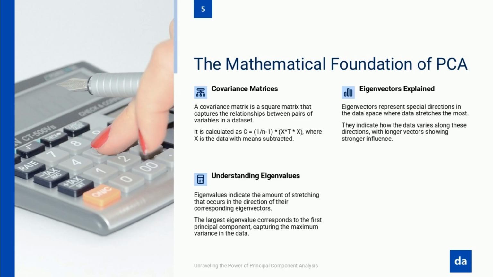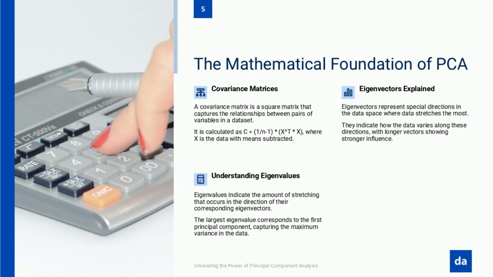The eigenvectors of the covariance matrix are precisely these special directions where your data naturally stretches the most. And the corresponding eigenvalues tell you exactly how much stretching happens in each direction. The largest eigenvalue corresponds to the direction with the most stretch, which is exactly our first principal component. This is why PCA works so elegantly.